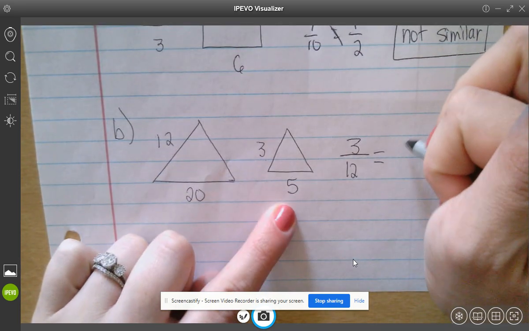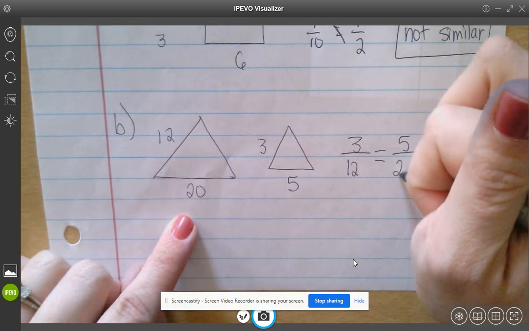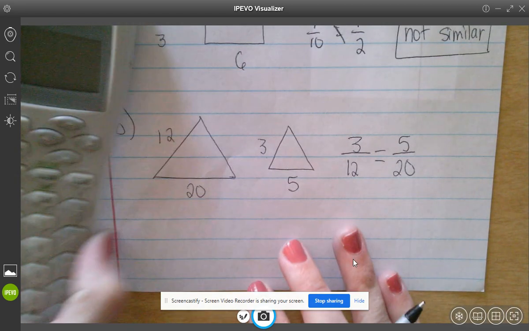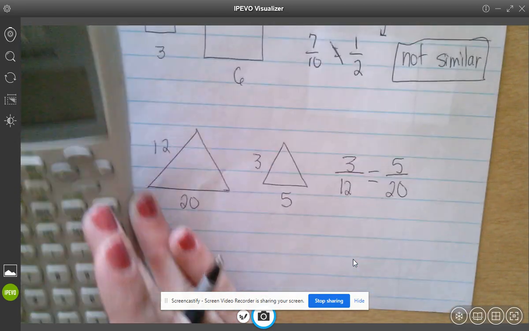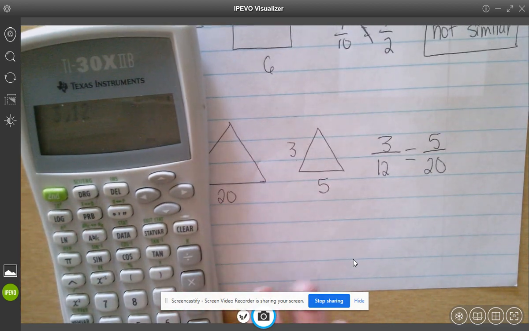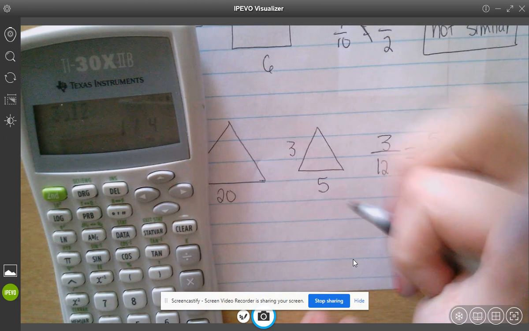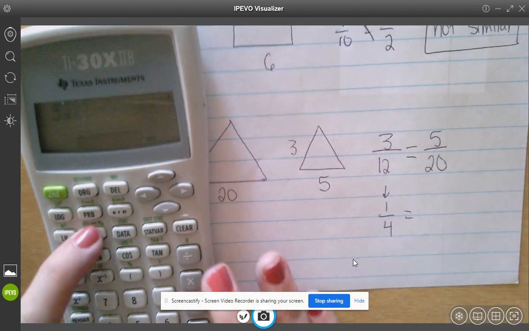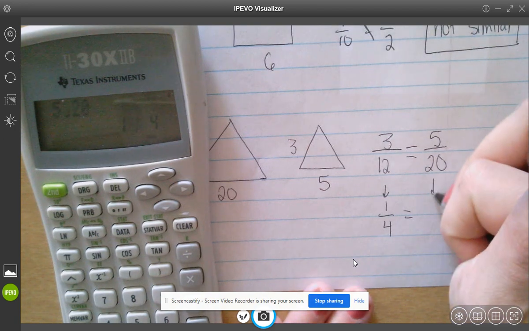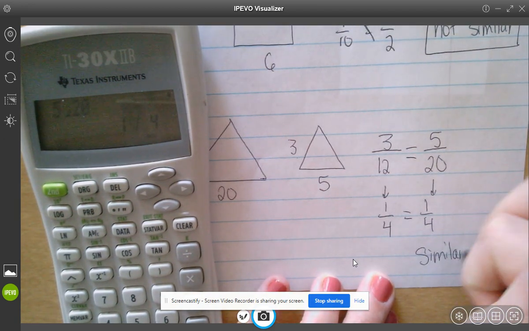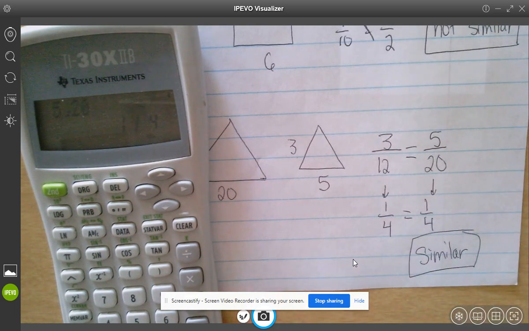And then smaller, so 5 over 20. Okay, in your calculator, if you are not good at simplifying fractions, your calculator will do it for you. So you just do 3 fraction 12, and it simplifies it down to 1/4. 5 fraction 20 simplifies it down to 1/4. Since these are the same, they are similar.